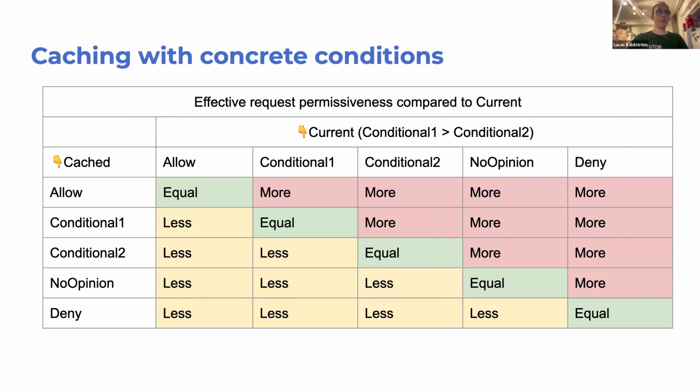We could to some degree, but just to visualize the difference, if we consider this one, on this axis, can you see my pointer, right? Oh yeah. On this axis, we have some response that got cached by the webhook authorizer previously, for a certain user and a certain request.